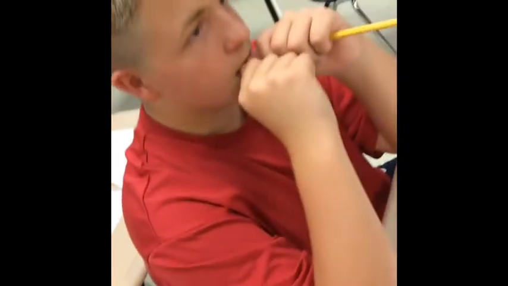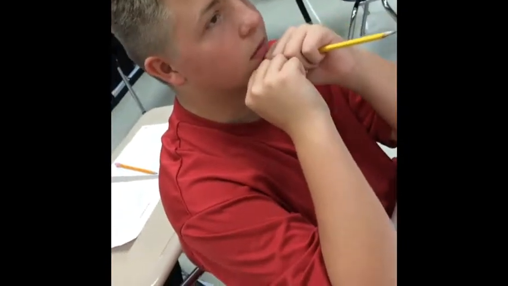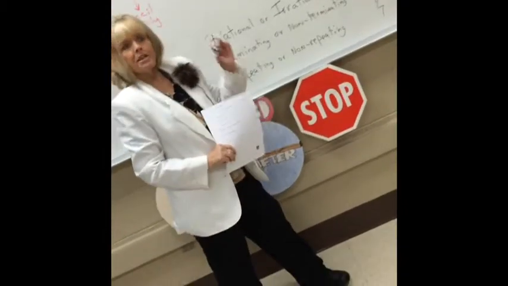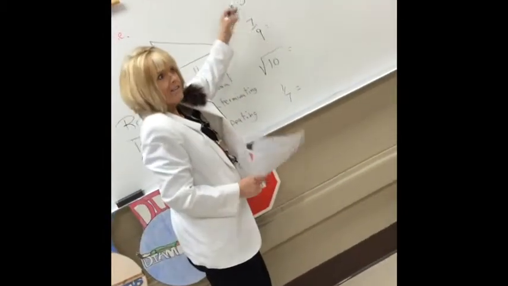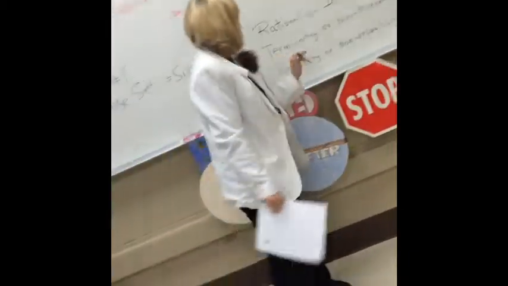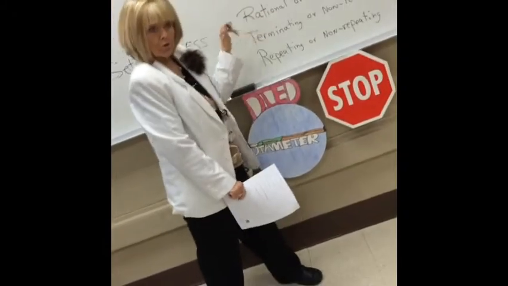Would you read me the definition of a rational number? Rational numbers are numbers that can be expressed as a fraction. Beautiful. Well, ain't that a fraction? Then it's rational. If it's a fraction, by golly, it's rational. So you'd circle rational.